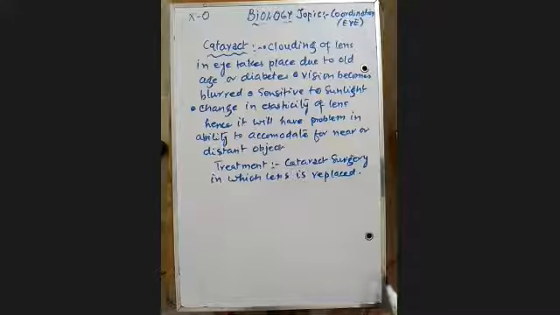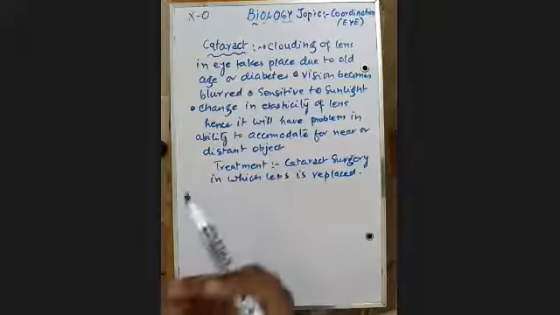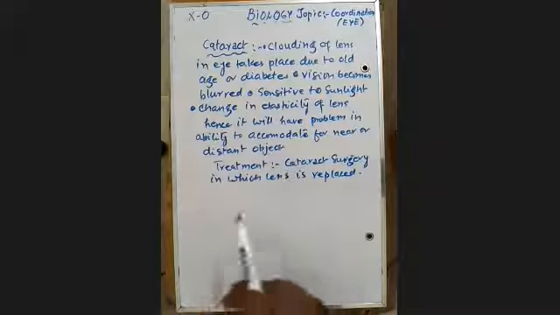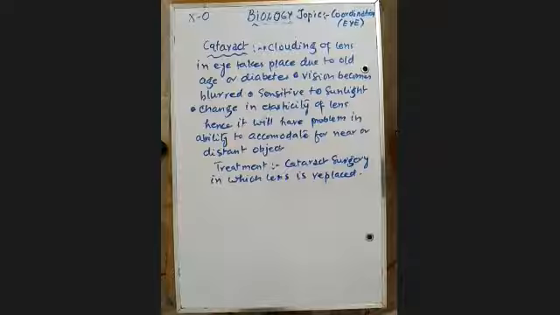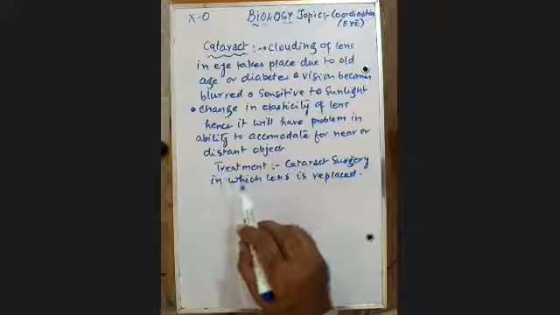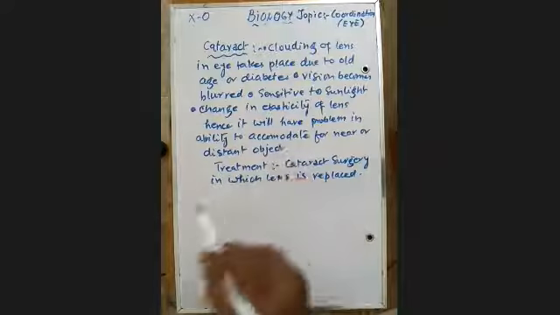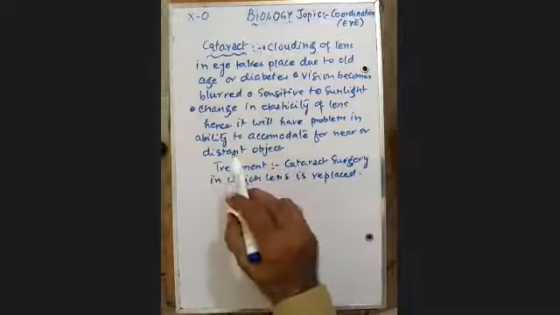Okay, now I'm just repeating that again. What happened in cataract? Clouding of the lens in the eye takes place due to old age or due to diabetes. Vision becomes blurred. The person has difficulty in seeing. Sensitive to sunlight means that in sunlight he will have problems seeing.